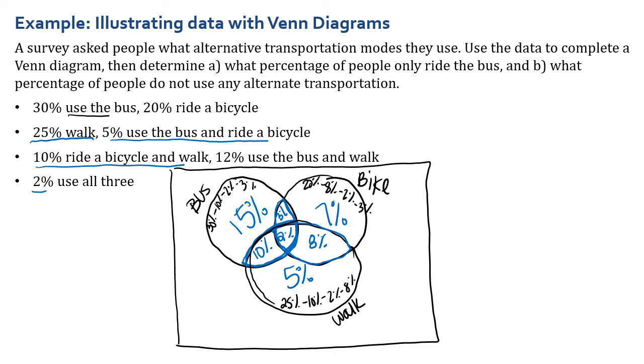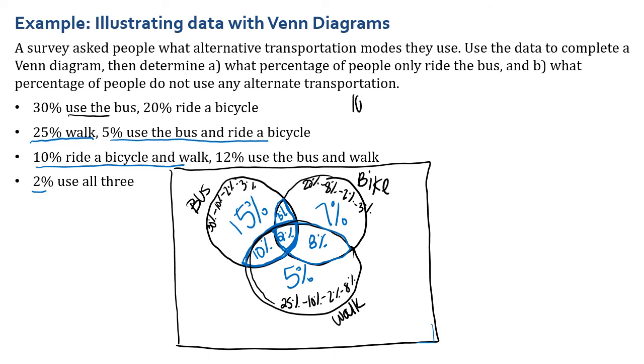So the other thing that we're missing is what percentage of people don't walk or ride the bus or bike. So this outside piece in this rectangle. To figure that out, we know if we're talking about a survey and we're dealing with percentages, the total should always add up to 100%.